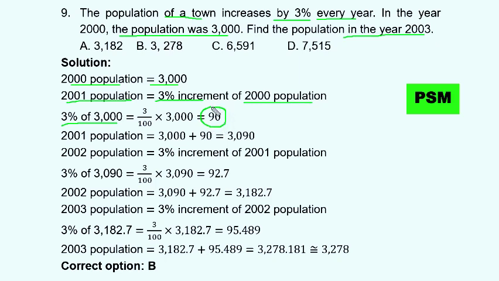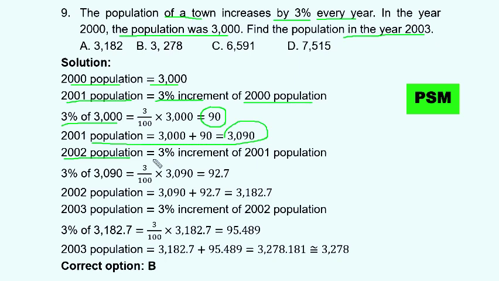What we have is increment. Therefore, you have to add 90 to the population of the year 2000 to get the population of the year 2001.